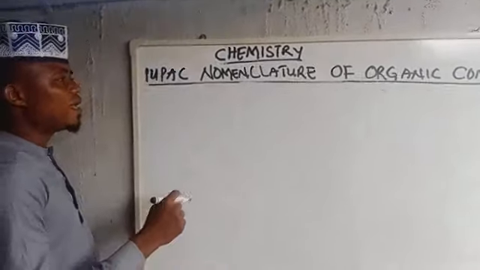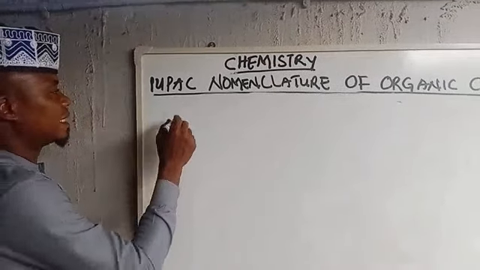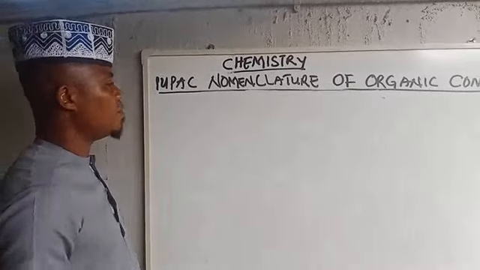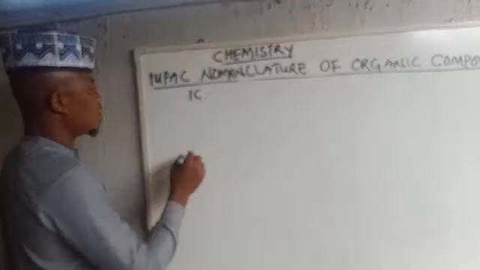Now, in naming organic compounds, first, you have to know the names for each of the types of compounds you are naming. A compound that has 1 carbon, we'll call it met.